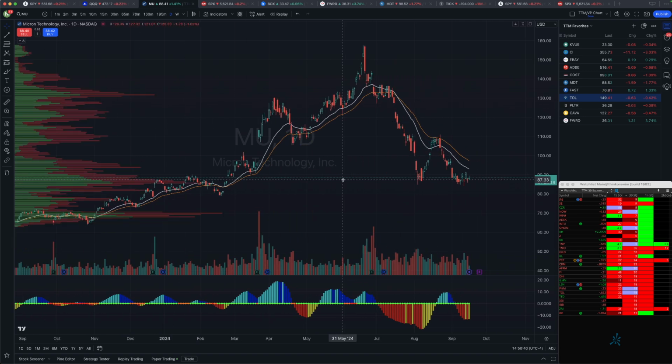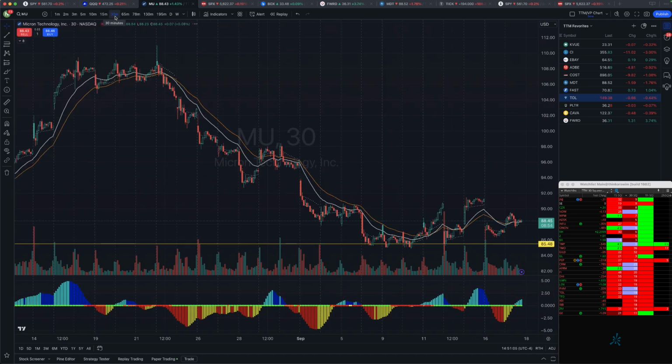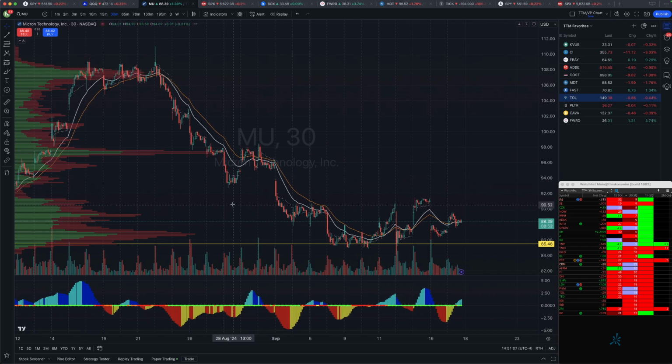No. If you're looking at the daily on MU, you're kind of putting in a double bottom here, potentially forming a W. So that's one way to look at this. But if I go into something more like a 30-minute, yeah, kind of have a bit of a channel here.